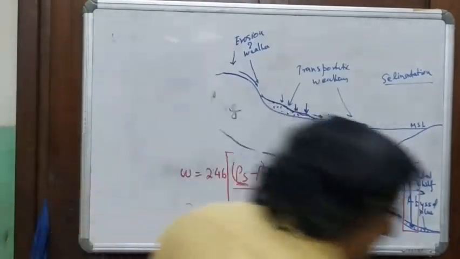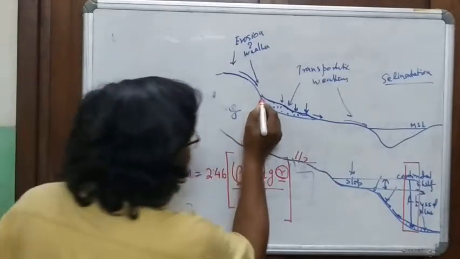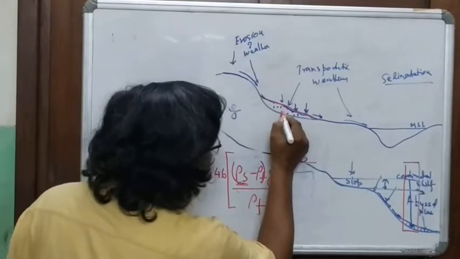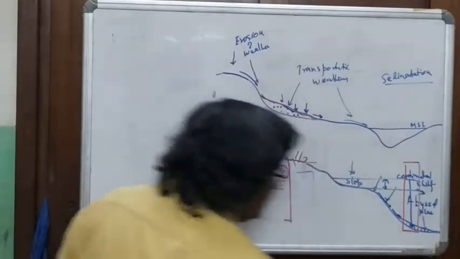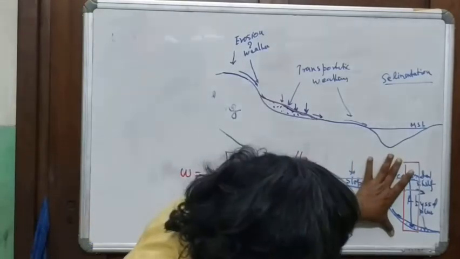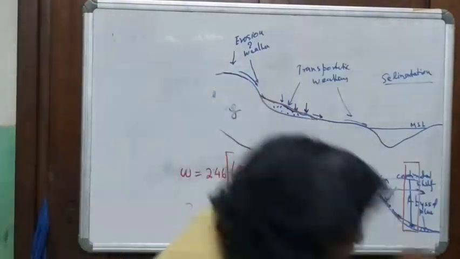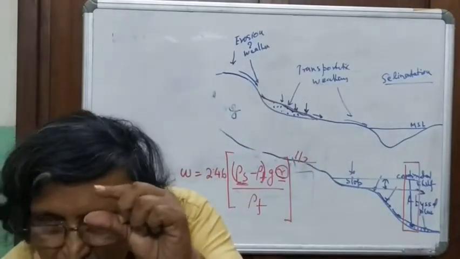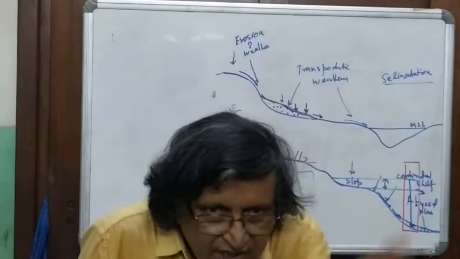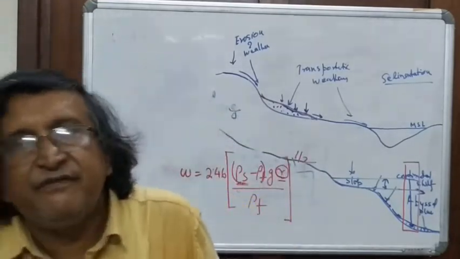so once again, just before I erase it, when the sediments are settling, what is the difference between this part and this part? The difference is, here the total water column is very long, but the deposition is occurring over a very short distance. So segregation or differentiation according to size and density is not being effective.